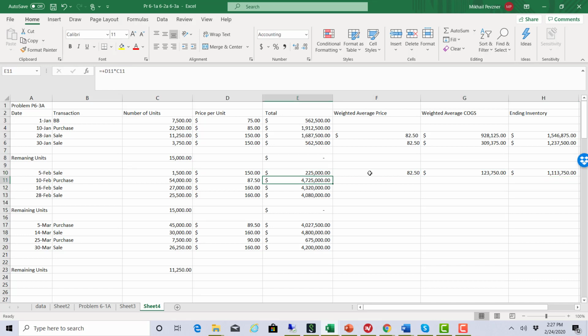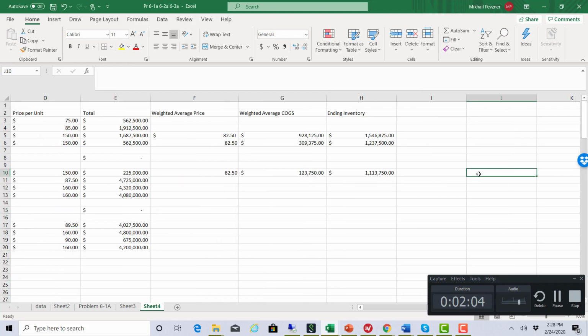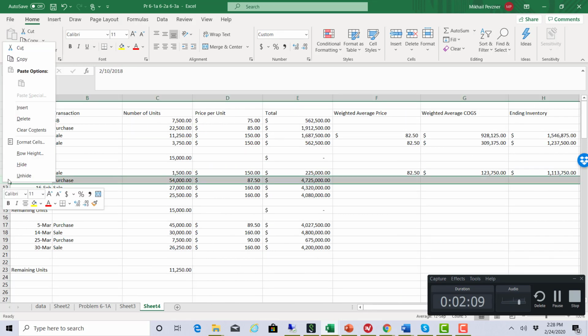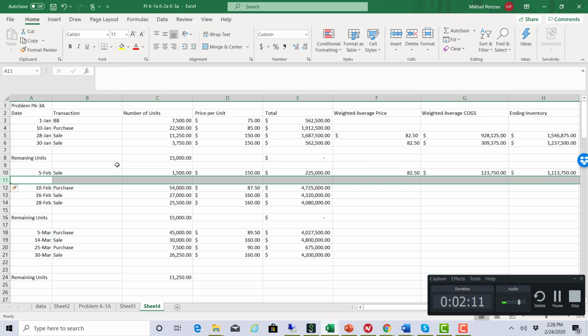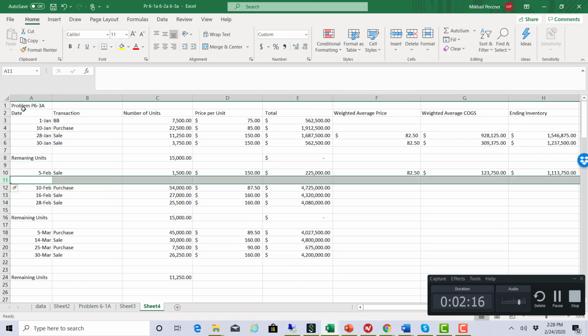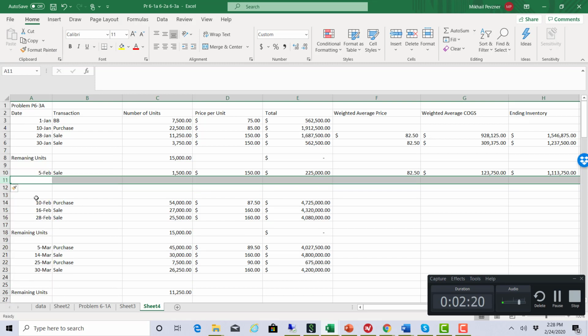Then we have another purchase. Once another purchase occurs, you need to recalculate the weighted average. So you may want to make another line somewhere here, just to keep track of remaining units, so that we know how to properly calculate the new moving average.